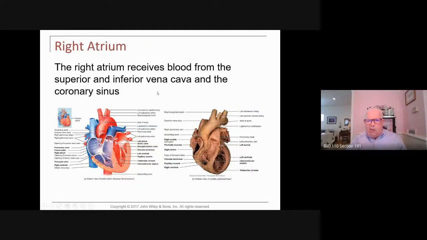Okay, let's start with how the blood gets into the heart from the body. All blood that is deoxygenated, meaning lacks oxygen, because the oxygen has been used up by all the body tissues. When blood returns to the heart, it returns in veins.